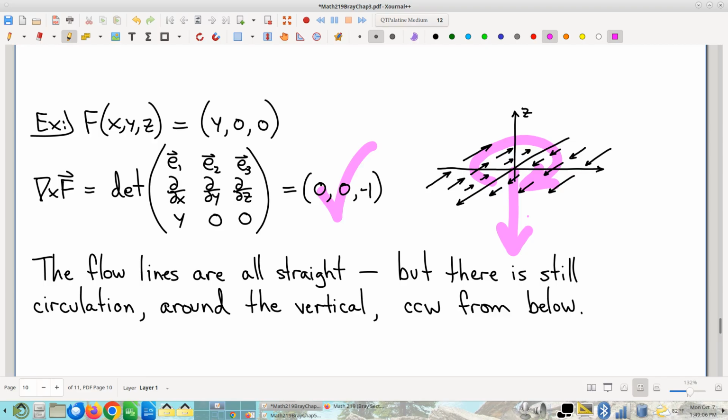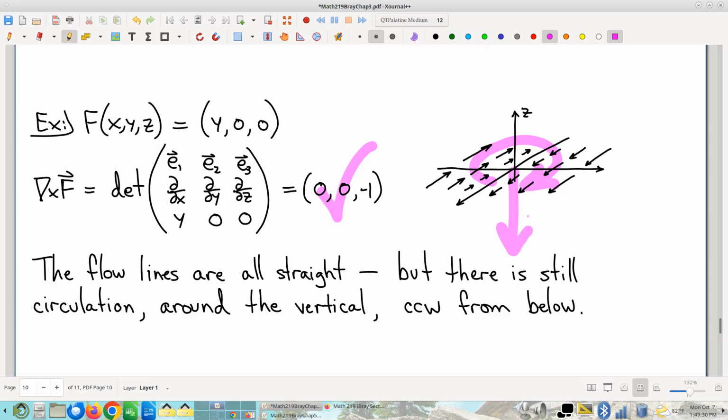I'm going to call that somebody else's problem. When you get into an engineering context, whoever decides to use curl for a specific engineering purpose will quantify that tailored to that circumstance. All we're going to say in this course is that the greater the magnitude, the more, in whatever sense, the more rotation there is.